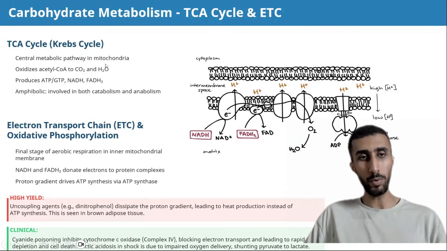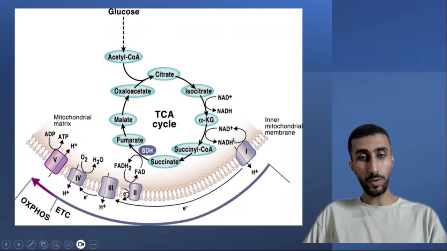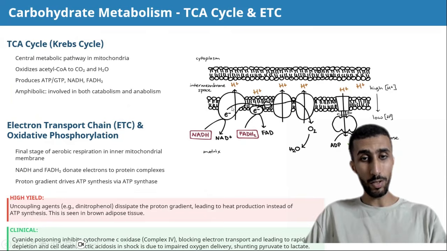It's a central metabolic pathway, and it occurs in the mitochondria. It oxidizes acetyl-CoA to CO2 and H2O. It produces ATP, GTP, NADH, and FADH2, and eventually they are transformed into ATP. They are involved in both catabolism and anabolism.